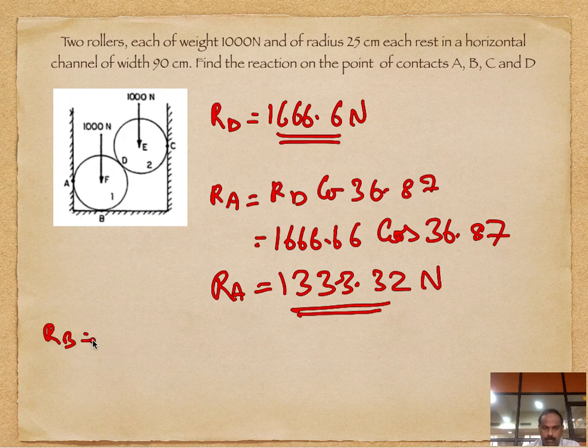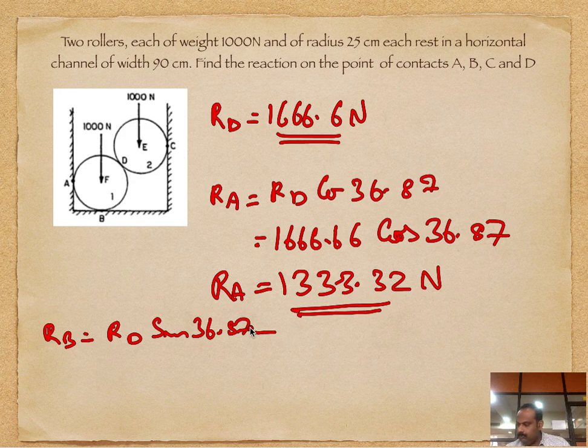RB is equal to RD sin 36.87 plus 1000. So we substitute RD in that.